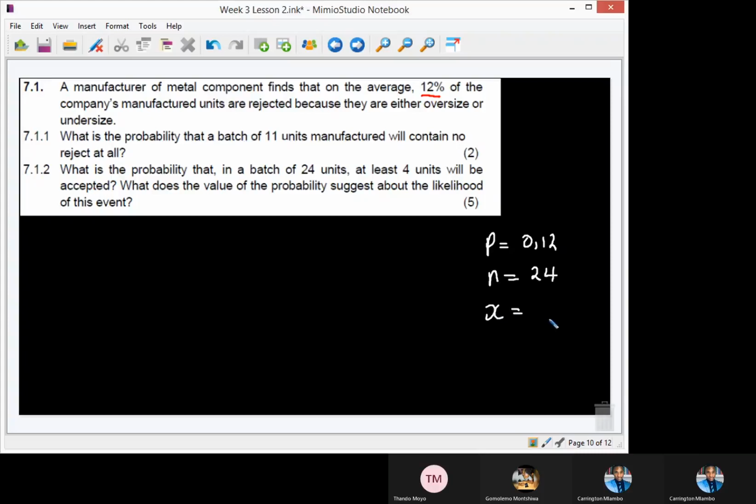What about our X? It says at least 4, so we have 4, 5 until we reach 24. Do you see it's going to be very difficult to calculate 4, 5 until 24? So what's the easier way?